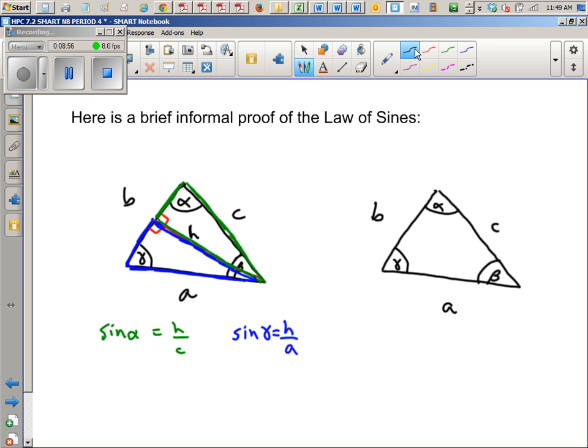Okay, now let's look at our other drawing. In our other drawing, I'm going to draw my altitude this way. From angle gamma to side C, like that. And I'll call this capital H, just for lack of a better name. Again, I get 2 triangles.